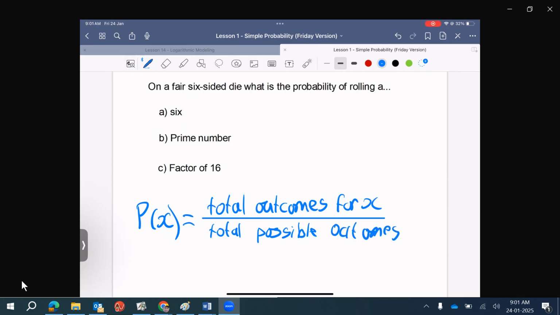So for finding the probability of a 6 on a die, there's only one side that will give you a 6 out of a total of 6 different sides.